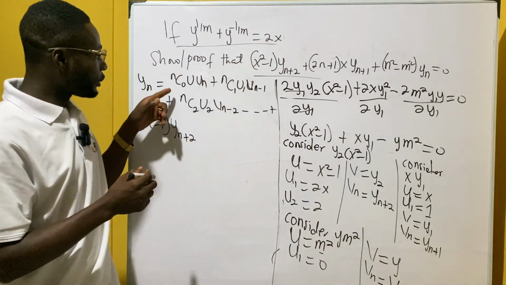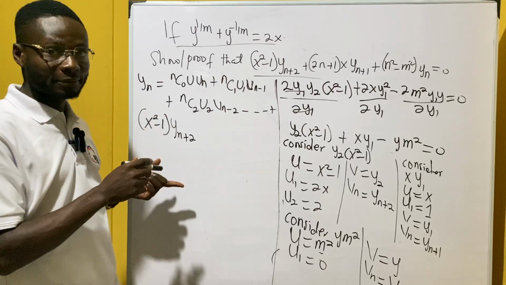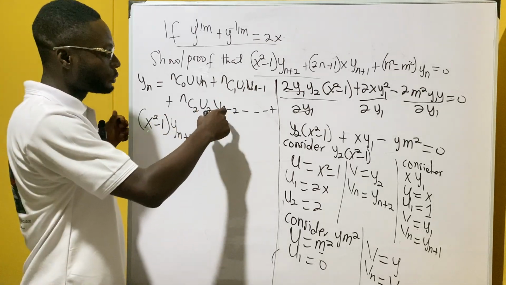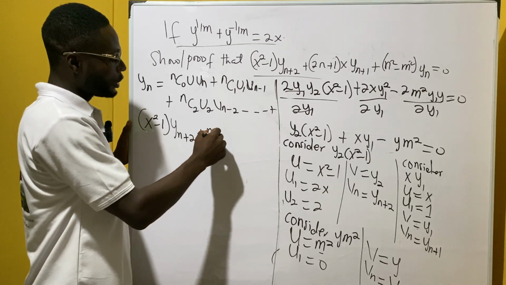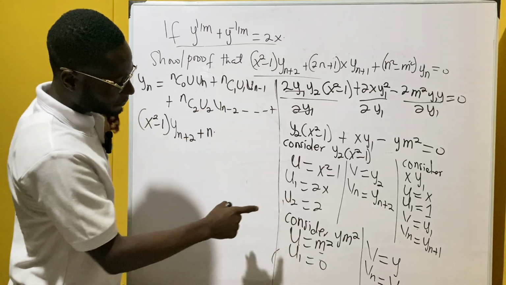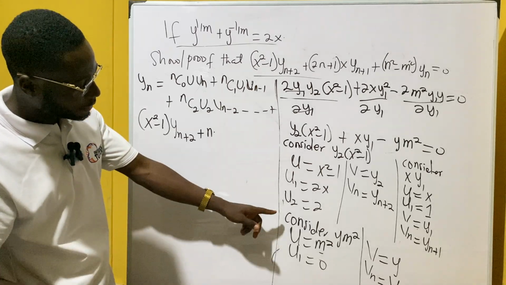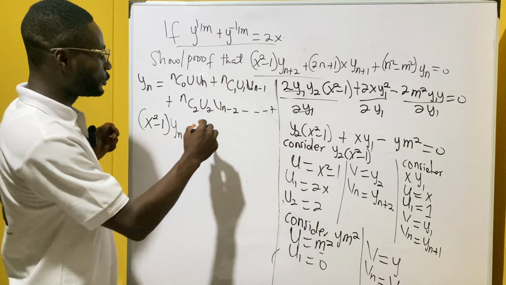Now, because we know that n combination 0 is 1, we don't need to bring that part. Now, n combination 1 is n, right? So we consider the next part, which is this one, the 2x.